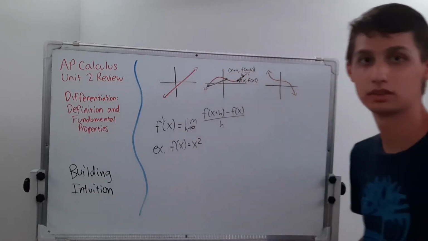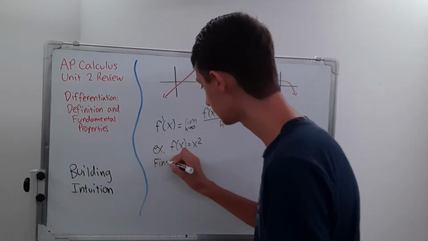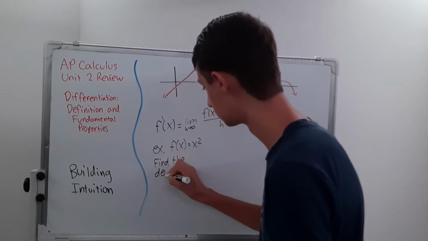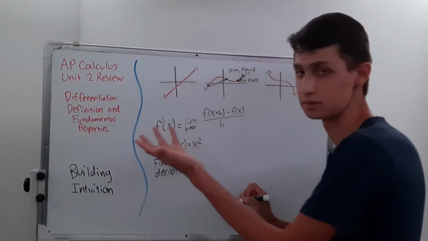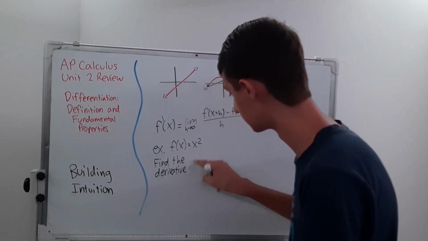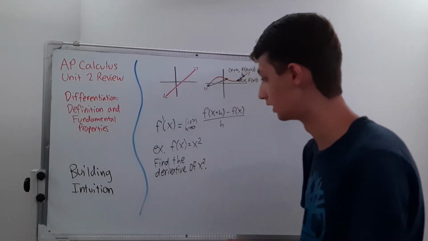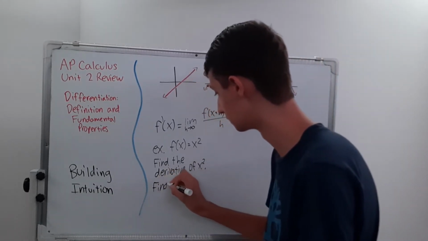And then there are different ways to phrase the question. You could say, find the derivative of, and they could say f of x, they could say x squared. I'm just going to write of x squared. Let's just say this. They could also say find f prime of x if they actually give you the function.